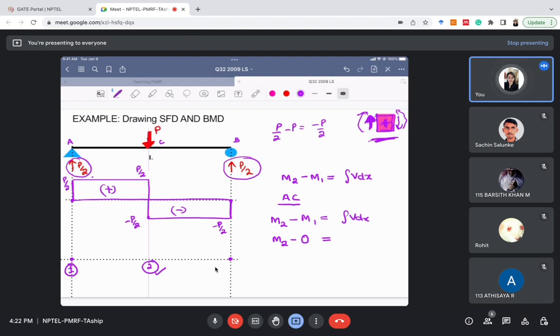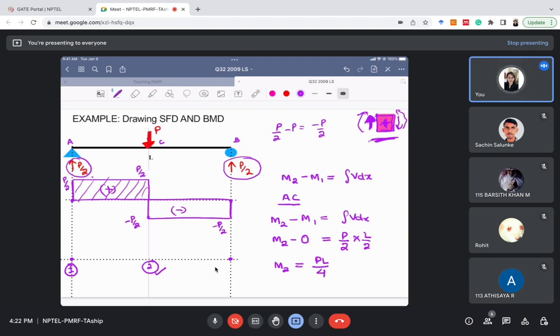So what is the area of the shear force diagram for section AC? This is a simple rectangle, right? So the area is P by 2 into L by 2. This is the area of this rectangle. So M2 will come out to be PL by 4, right?